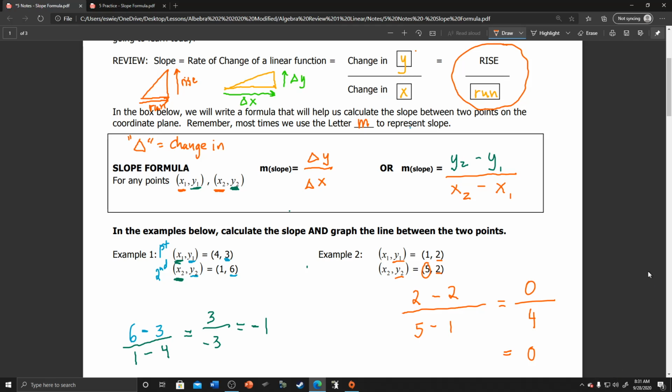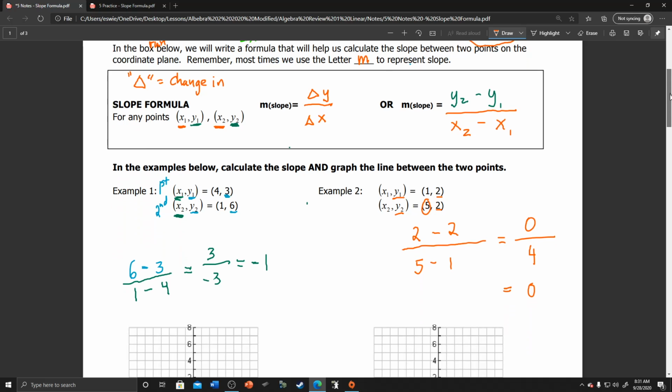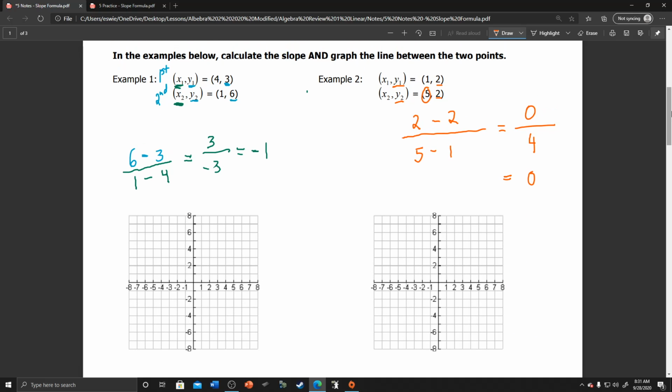All right, let's scroll down here. I'm going to pause the video if you're still writing this down. Oh, we could actually graph it. Yeah, we did this. So let's just look at where these points were: 4, 3, and 1, 6.